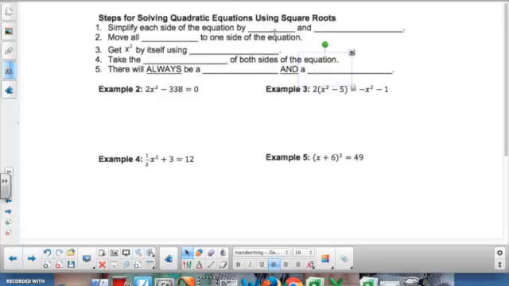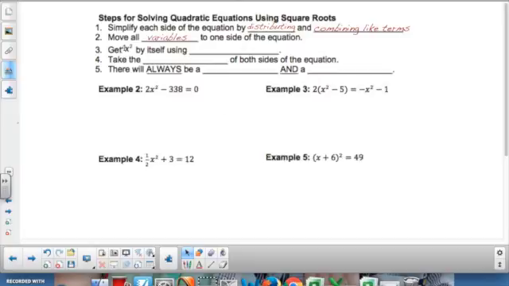So here, simplify each side by distributing and combining like terms. That's the same thing we do when we first start solving a linear function. Then I'm going to move all my variables to one side of the equation. That is also the same as what we do in linear. Here's where things differ just a tiny bit. In a linear equation, the next thing we would do is isolate your x, or your variable.